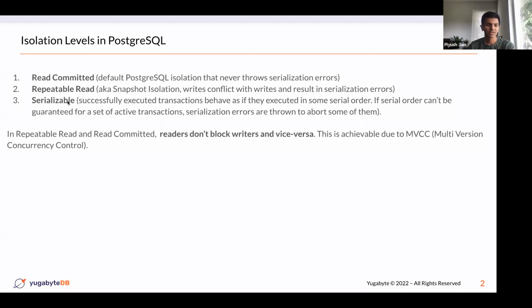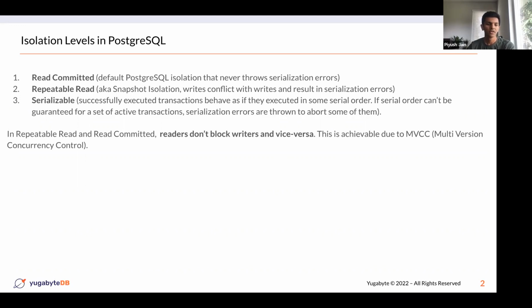Now we'll go to the simplest one first, which is serializable. Even though a database tries to do concurrent transactions, if it is serializable, it behaves as if all transactions were executed one after the other, in some serial order.